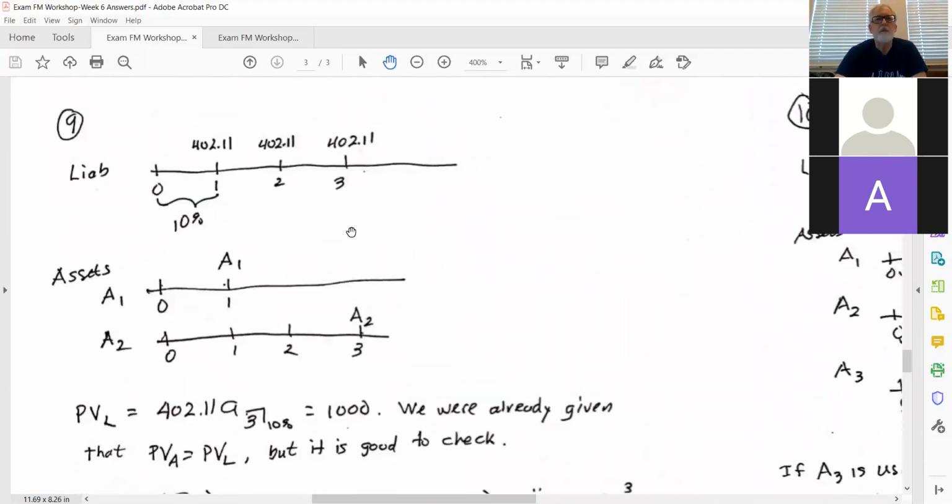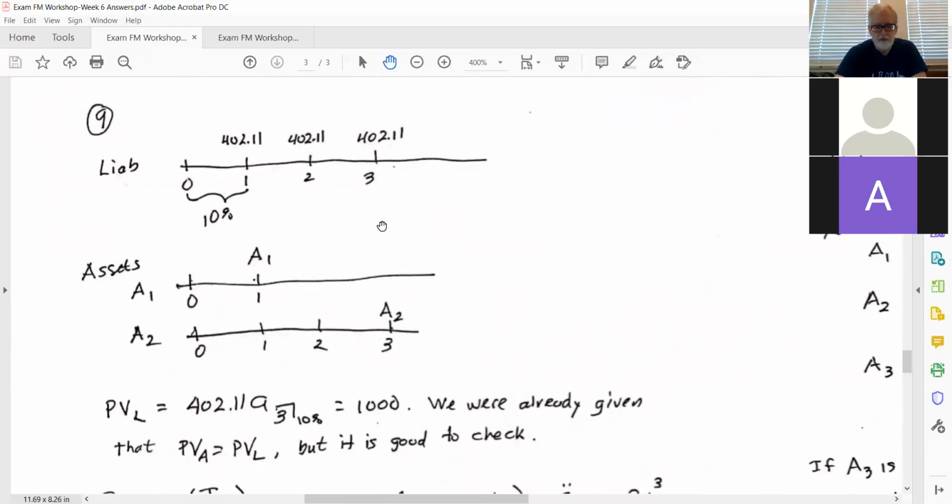All right, so for number 9, it looks like we're back to an exact match. Our liability is a 3-year annuity of $402.11. And it says the company is going to invest $1,000 today to fund those payouts.